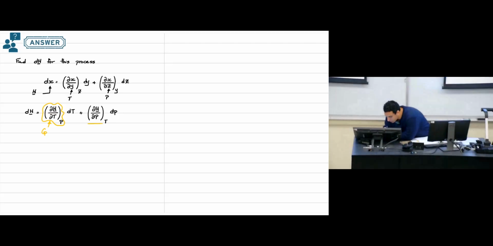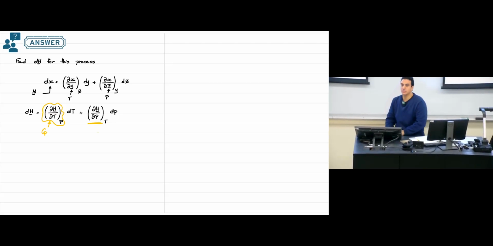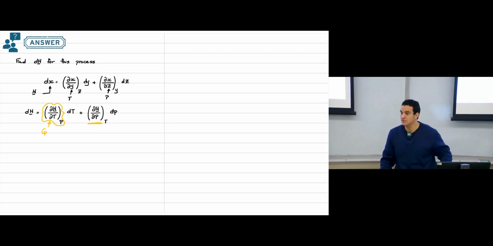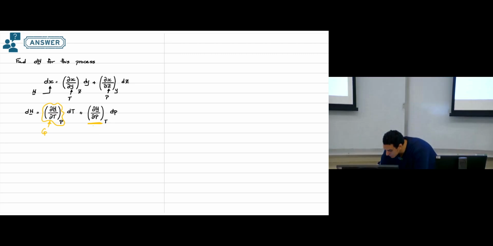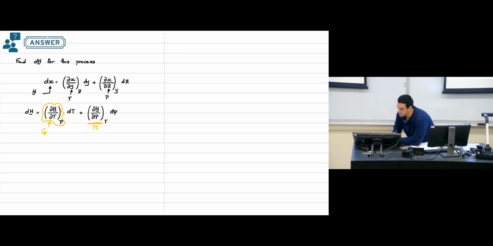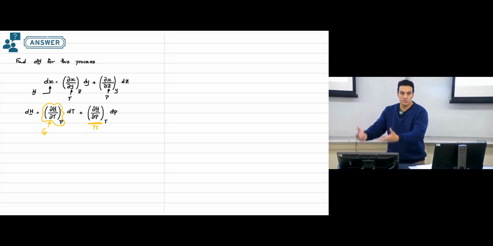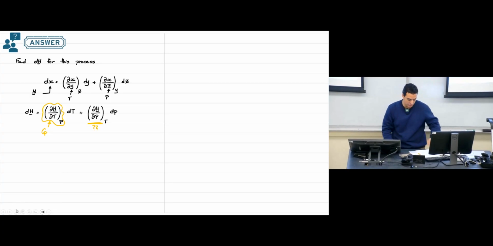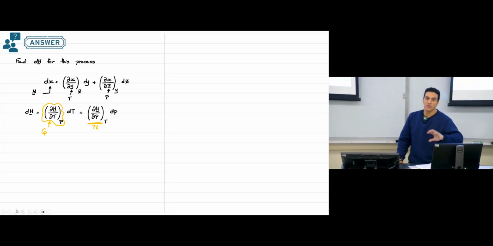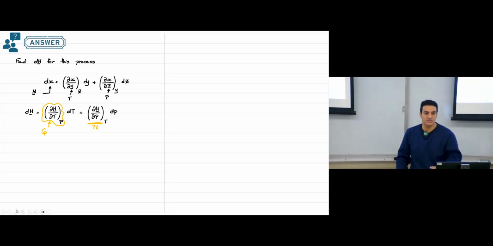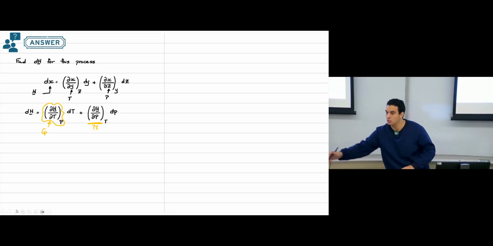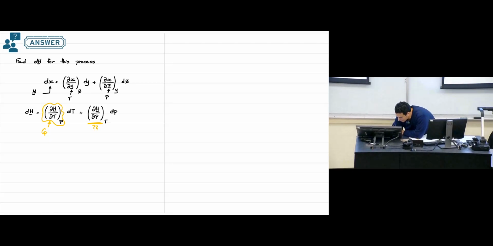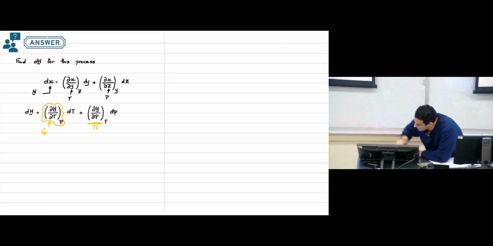Now for this one, if you look in the fundamental property relations, you will not see this partial derivative exist. If you look at the Maxwell relations, again, this one will not exist. So we need to use the basic calculus rules in order to find this one. In terms of these rules, we have two things: the triple product and the expansion rules. Any one of them you can use. This one we can use the expansion rule.